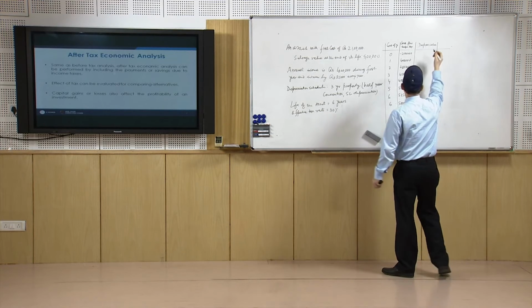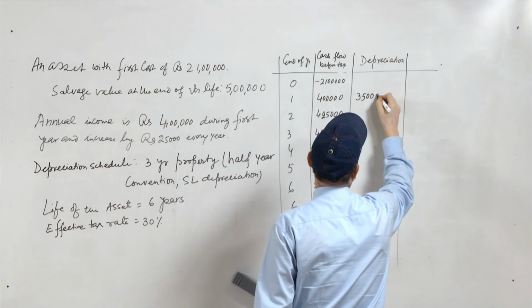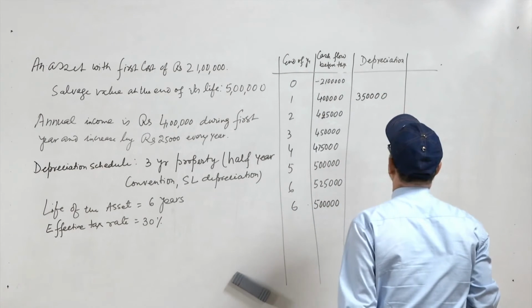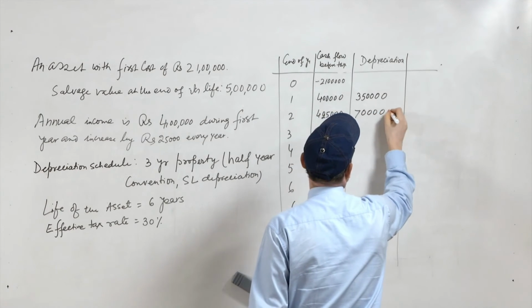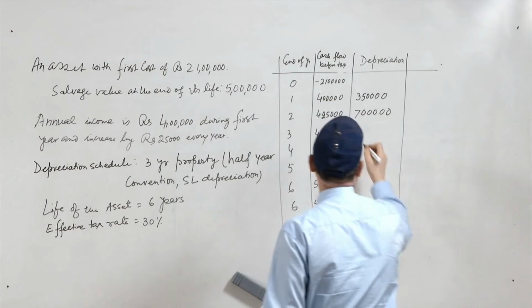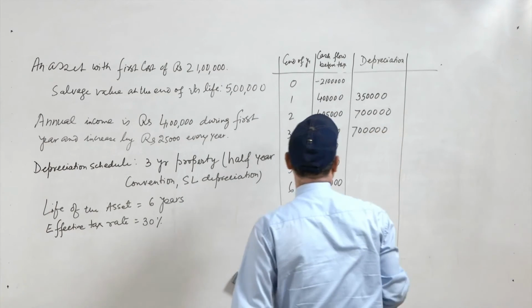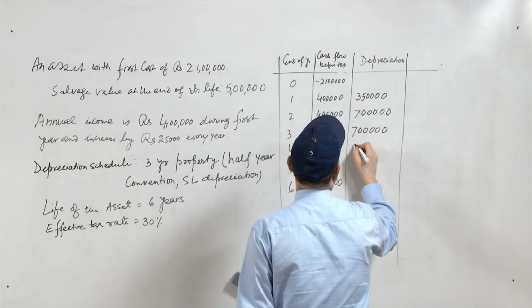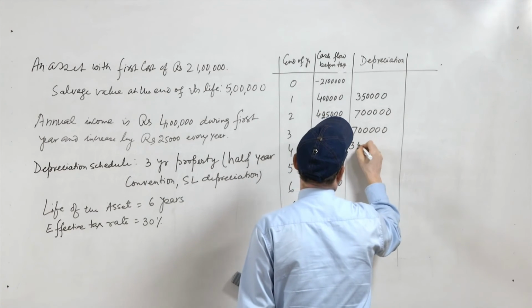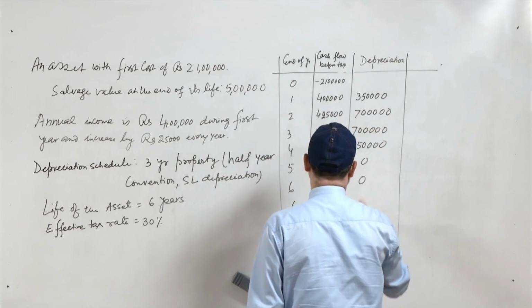So, in the first year it will have 3 lakh 50,000, and in the next 2 years you have 7 lakh, and in the fourth year it will have a further 3 lakh 50,000. Further it goes to 0.